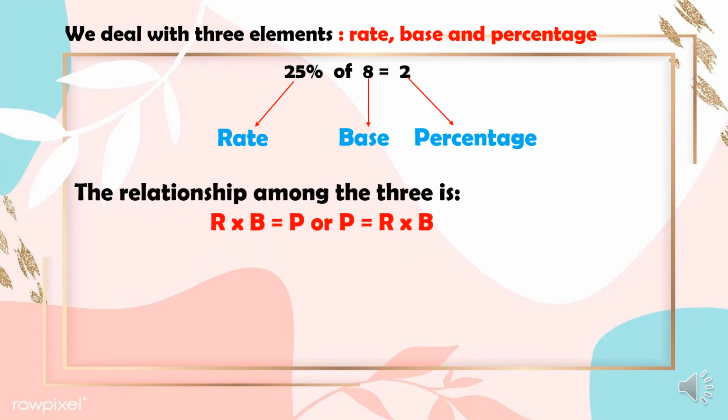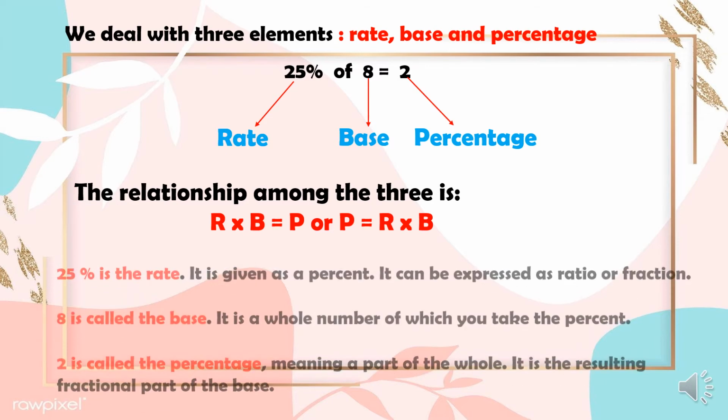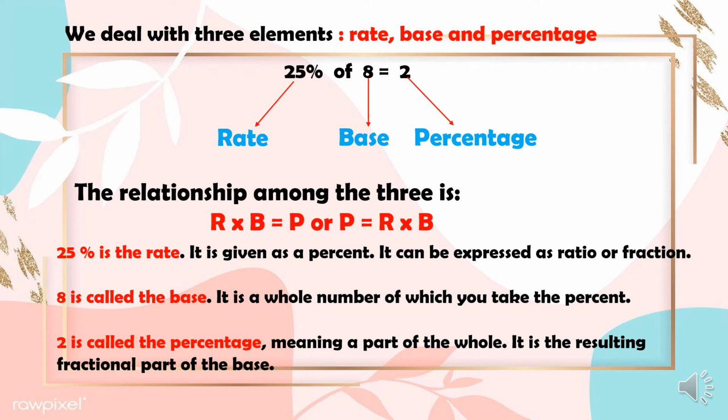So the relationship among the 3 is rate times base equals percentage, or percentage is equal to rate times base. So 25% is the rate. It is given as a percent.